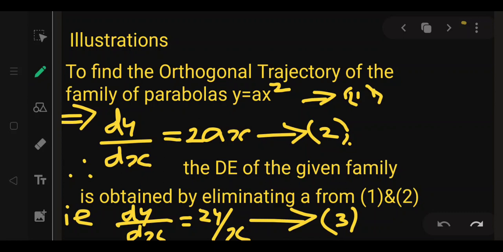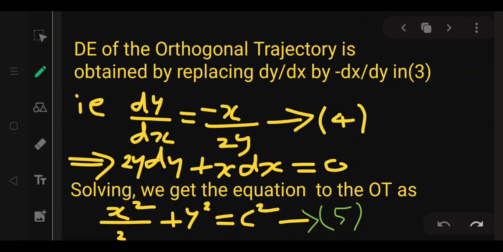Since a is equal to y by x square from equation 1, you substitute the value of a in equation 2, and we will get the differential equation of the given family as dy by dx is equal to 2y by x. Now, the differential equation of the orthogonal trajectory will be obtained by replacing dy by dx in equation 2 by minus dx by dy.